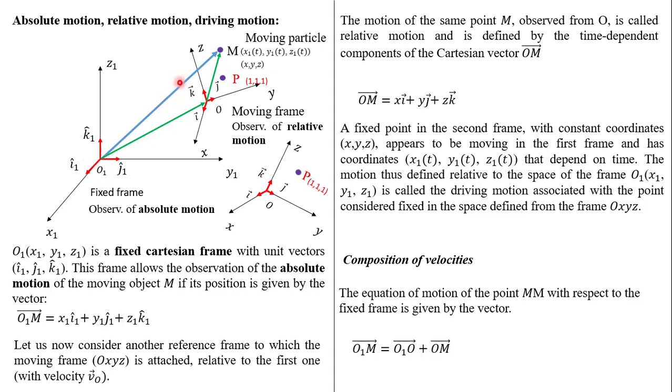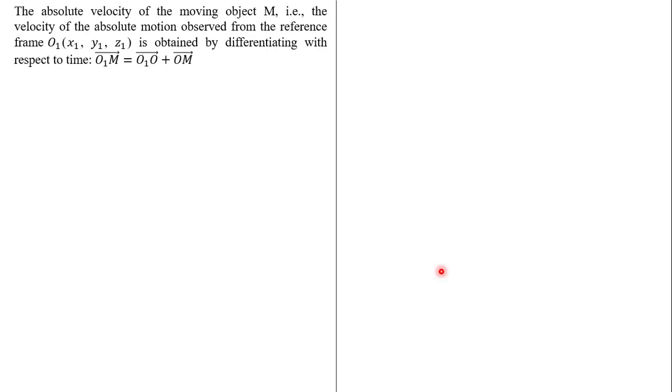So O1M can be decomposed as O1O plus OM. And therefore, if we make the derivation of d O1M over dt, we can obtain the absolute velocity.